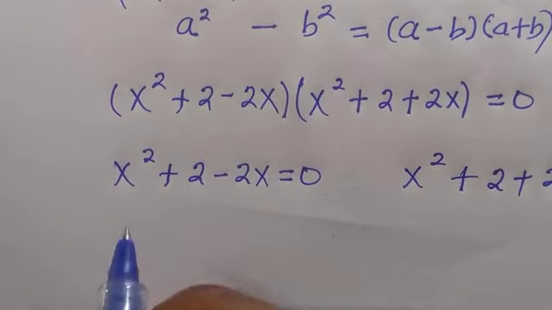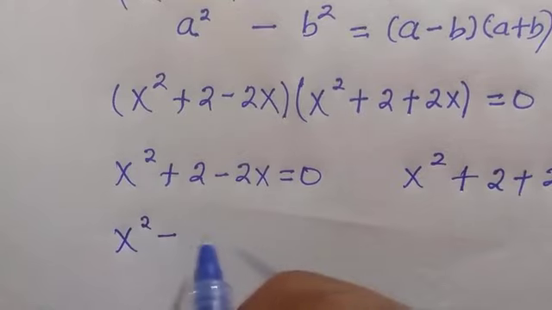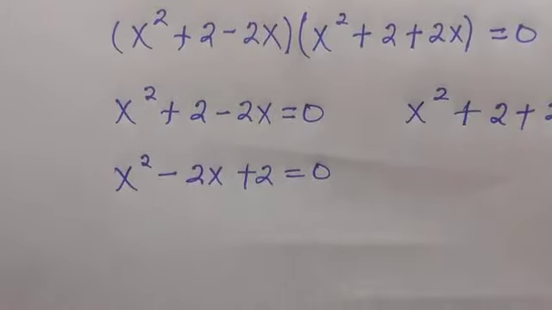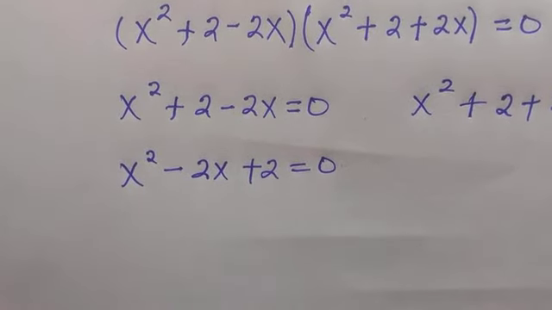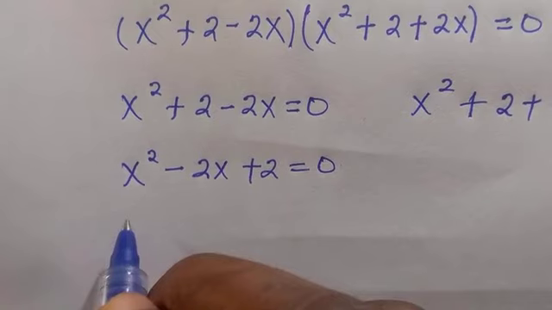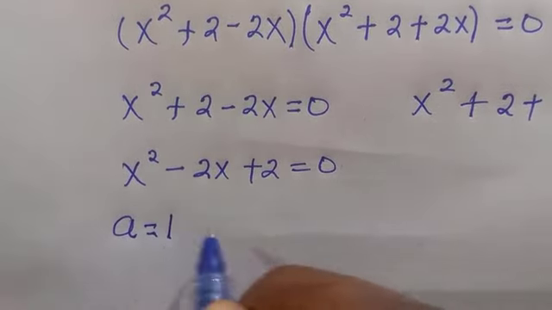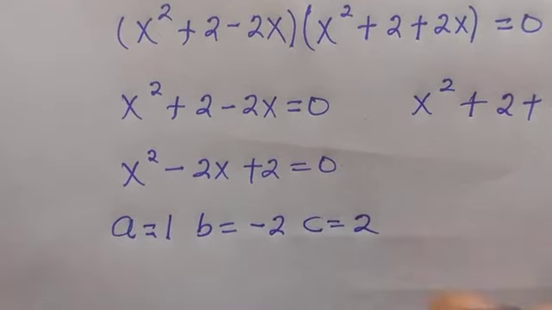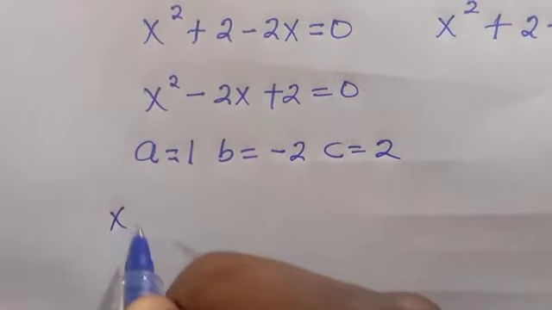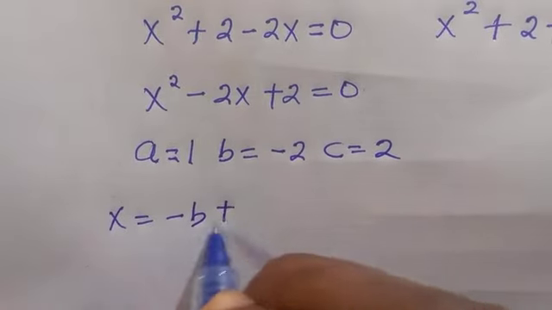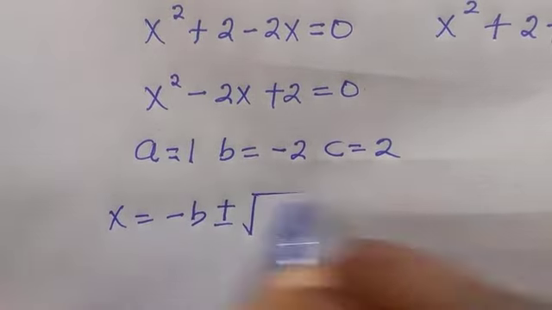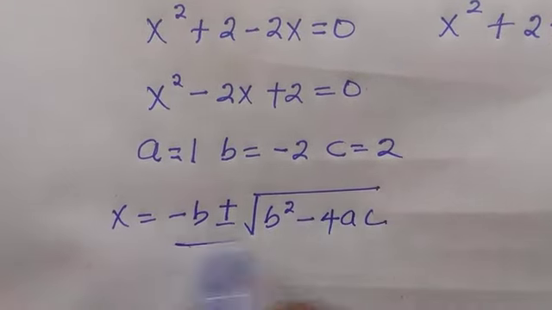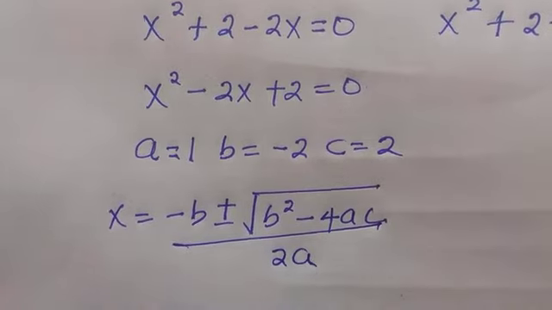So let's rearrange this. We have x squared minus 2x plus 2 equals 0, and this is a quadratic equation which is not factorizable, so we can apply the quadratic formula, where a is 1, b is minus 2, and c is 2. So we plug it into the quadratic formula, which is minus b plus or minus the root of b squared minus 4ac, divided by 2a.